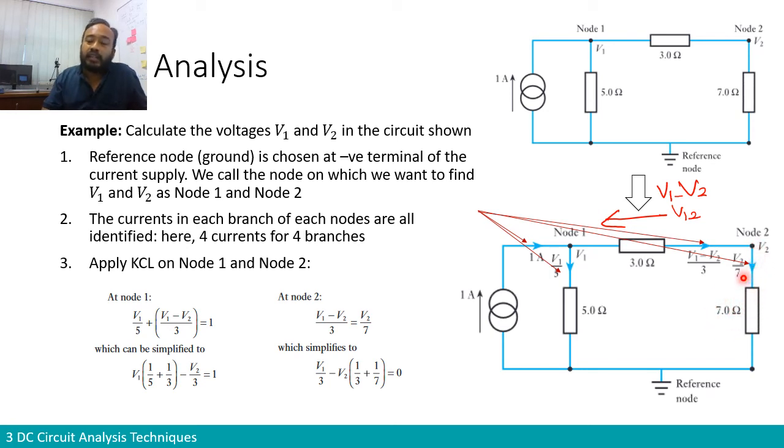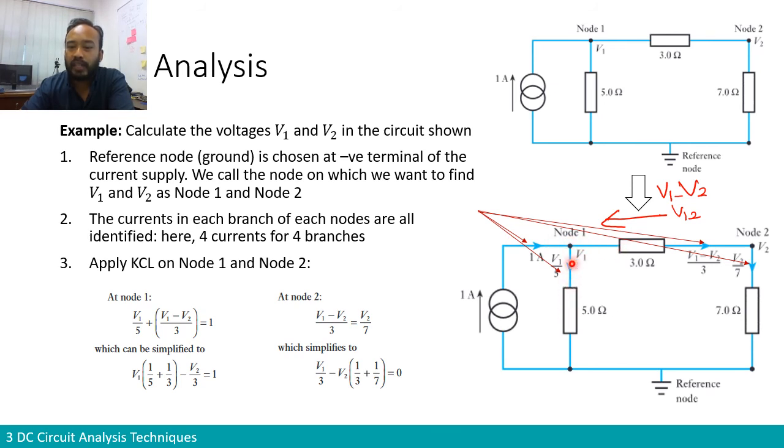Now, if we look at these currents, you have to assign the direction of the currents as well. The proper way of assigning the current is, of course, that the current coming from the power supply goes into the node, and then it is divided into the branches.